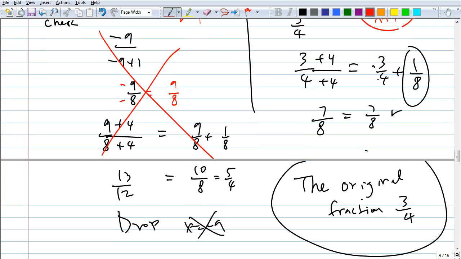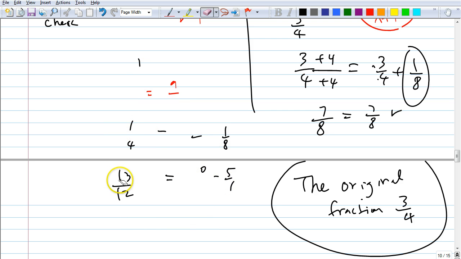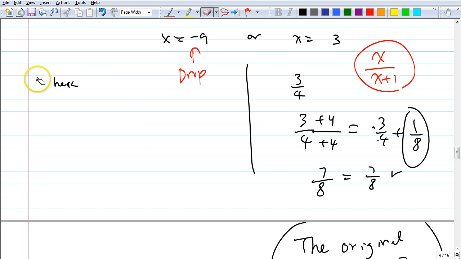So, therefore, the original fraction is 3/4. Any question? Let me erase this whole thing. I don't know why I even bother checking, because I know that my denominator can't be negative. So numerator has to be positive. You cannot use x equals negative 9. Any question? Aaron? Aaron, any question? All right.